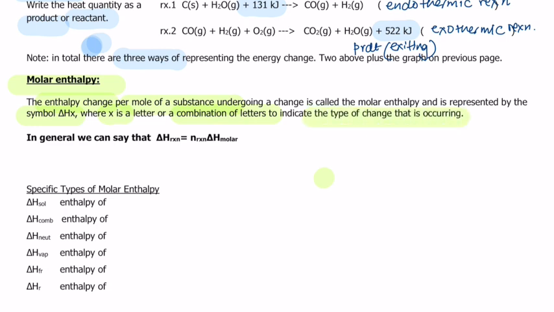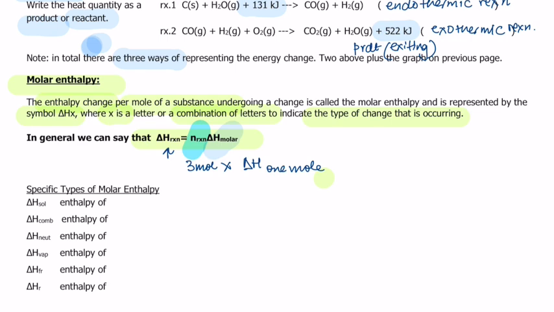In general, we say that delta H of that reaction is equal to the number of moles involved in that reaction times whatever is the molar enthalpy for that particular reaction. So if you had 3 moles undergoing a particular change, then the net energy change for that reaction would be 3 times whatever is the energy change of 1 mole. I hope that is intuitive and it makes sense. We'll be using this equation many times.